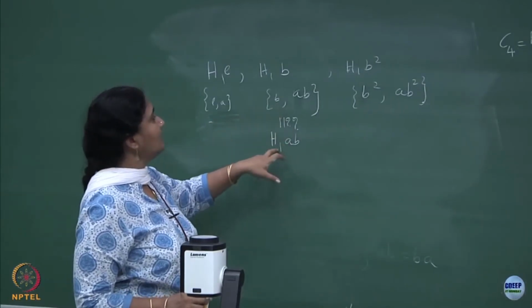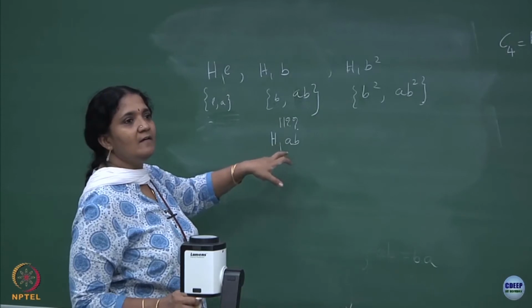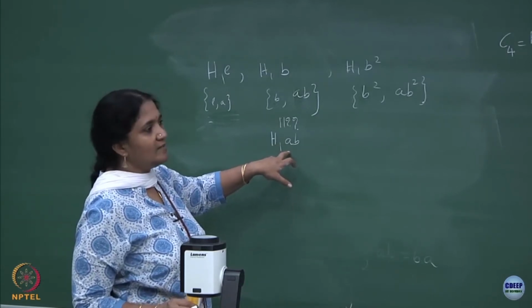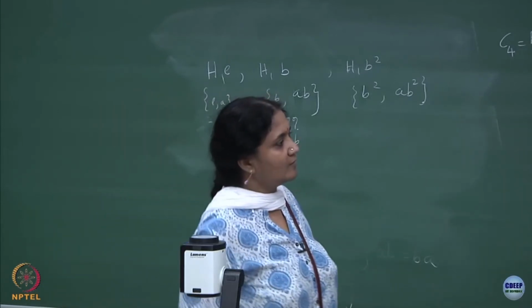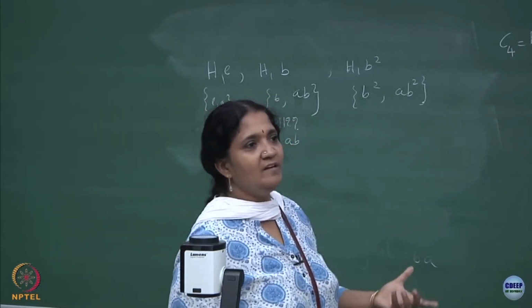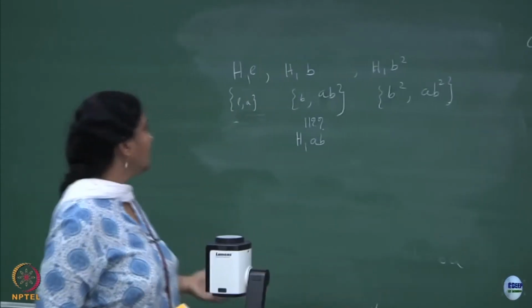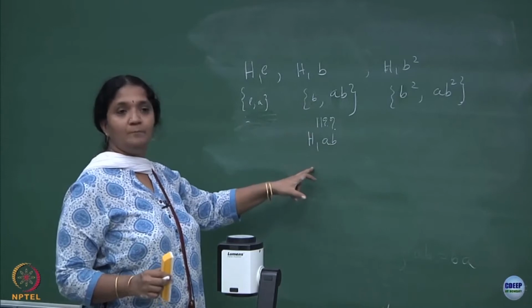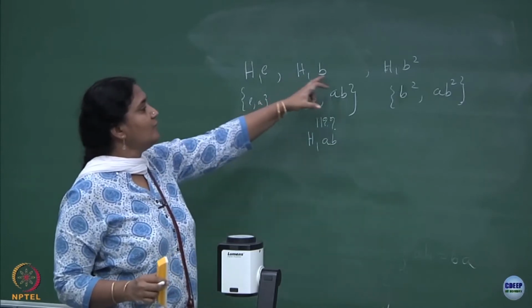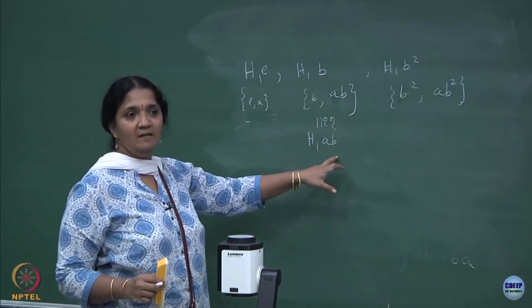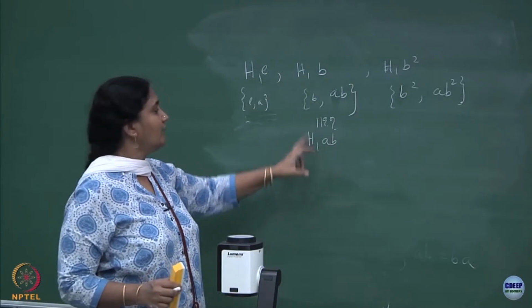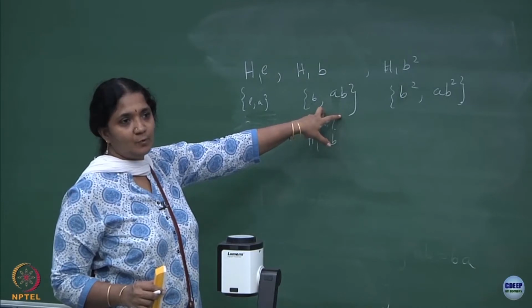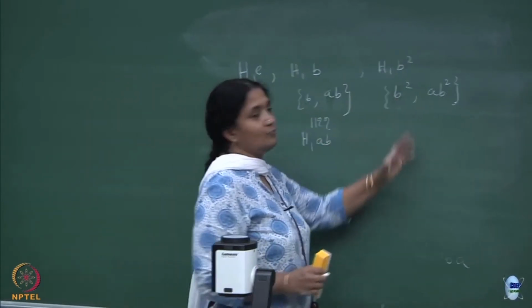The next element will be A squared B. A squared B is what? Anyway, A squared is identity. So, you get back B, right. So, whether I multiply H1 with B or H1 with AB, you are going to get back the same set, okay. And similarly you can show for the other case also.